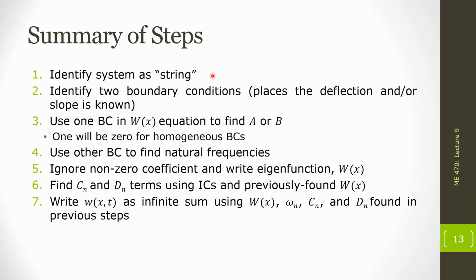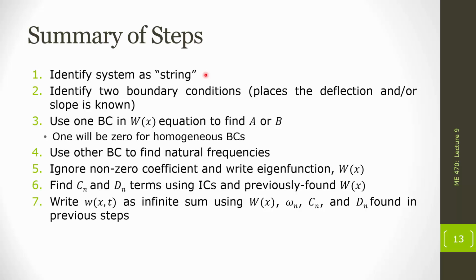Is it a string with constant tension, with a constant density? Is it autonomous? And does it have small angles? All of those needed to be in place so that we got that particular PDE that described the behavior of the string. And we need it to be that way because that particular PDE we're working with is going to be separable. So we're going to separate it.